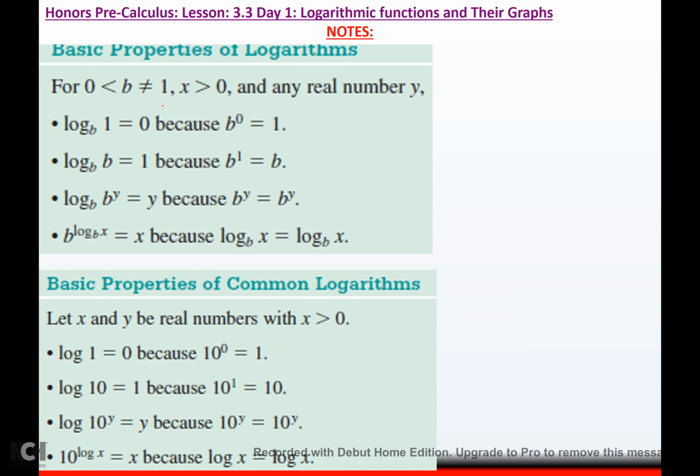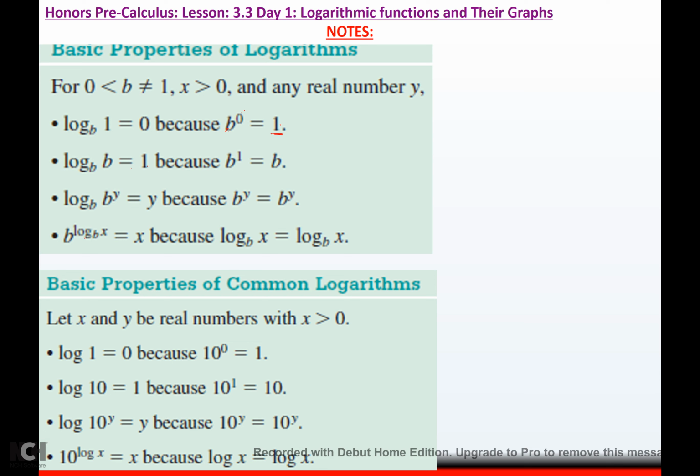Log base b of 1 is 0, because if you rolled this log, you would get b to the 0 equals 1, and that's true because anything to the 0 degree is 1. If you rolled the log, you'd have b equals b to the first, which is true. If you rolled the log here, you get b to the y equals b to the y.